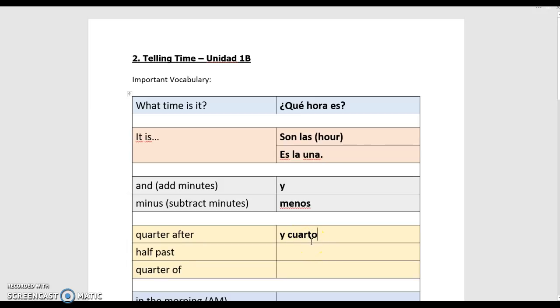So cuatro, TR, 4, cuarto, RT is quarter. Half past, you're going to add on a half hour. Okay? Think in the middle of the hour, media, y media. Quarter of, we're still going to use that word for cuarto, but rather than adding on a quarter of an hour, we're going to take a quarter hour away. So we're going to subtract it using menos. So that would be menos cuarto.